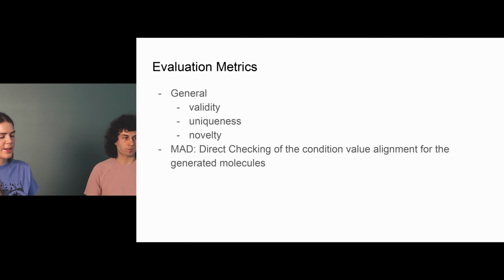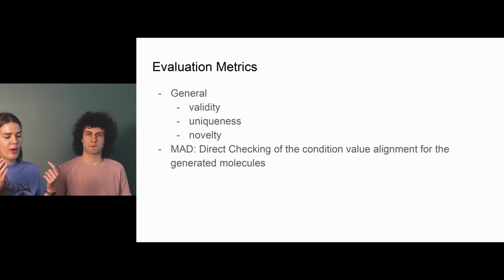Yes, exactly. So we evaluated several settings that Przemek mentioned, as well as some baselines. And our main evaluation metrics were at first validity, so if the model produces valid SMILES or peptides, uniqueness, so how often it generates a molecule that didn't occur before, as well as novelty.